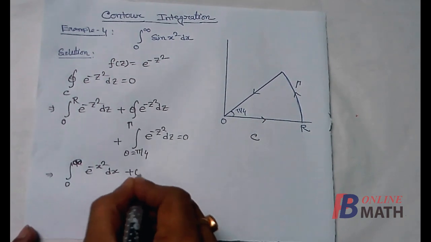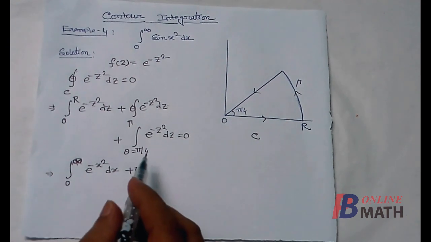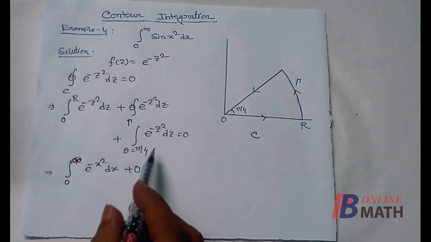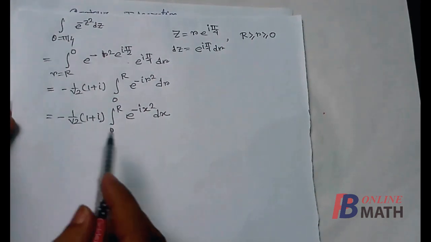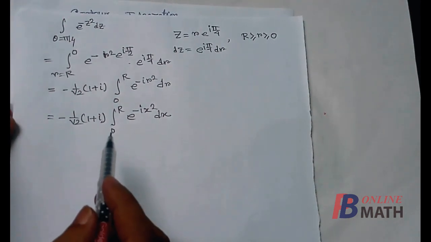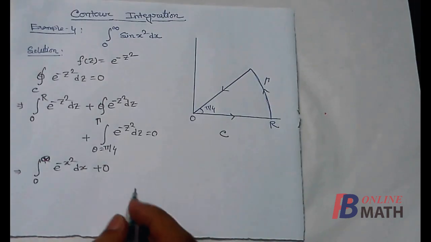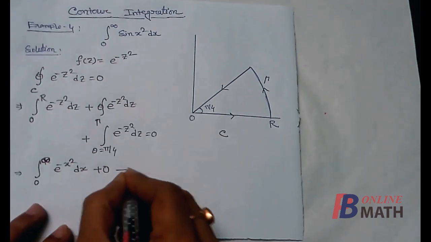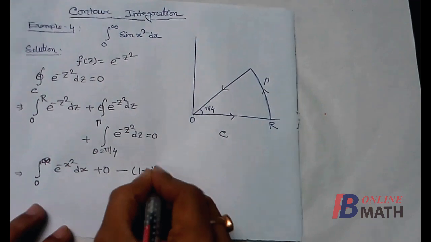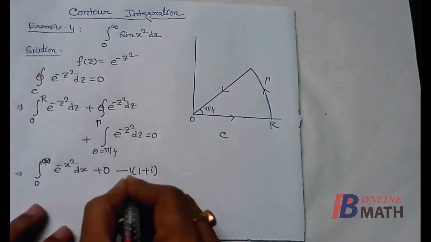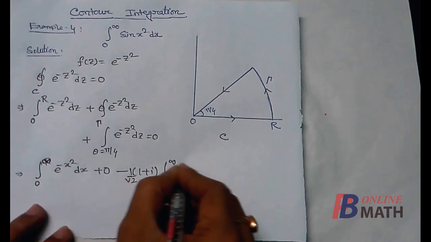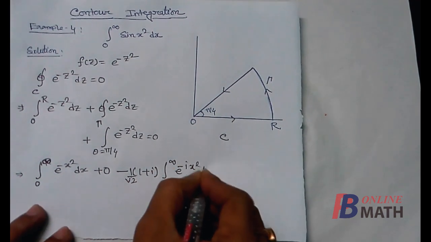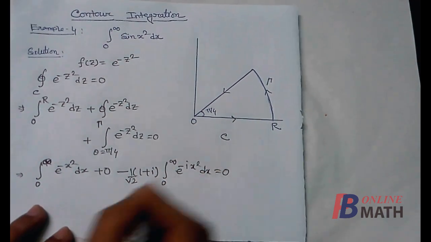So this is 0, plus as R tends to infinity, the value of this integral is this one. So as r tends to infinity, the value of this integral is obtained, that is this one, the integral from 0 to infinity of e^(−ix²) dx equal to 0.